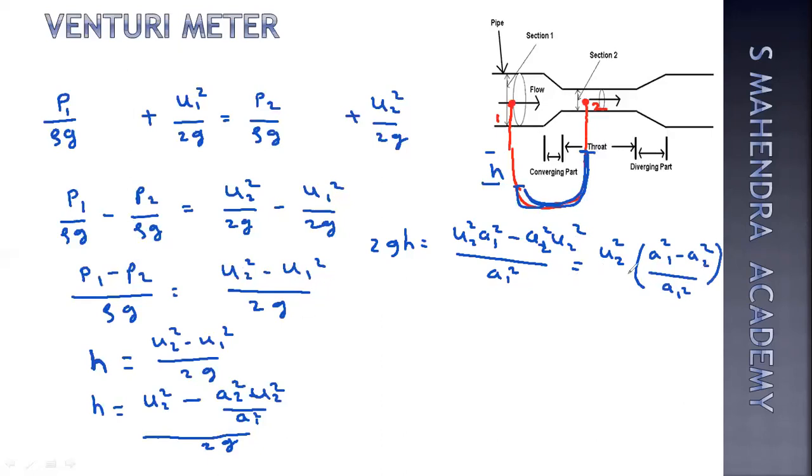And if we rewrite this equation for velocity, we will get U2 is equal to A1 upon square root of (A1 square minus A2 square) into square root of 2gh.